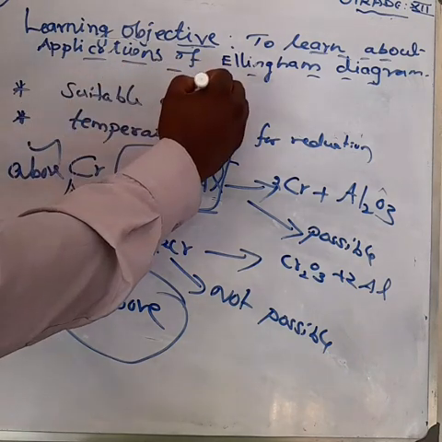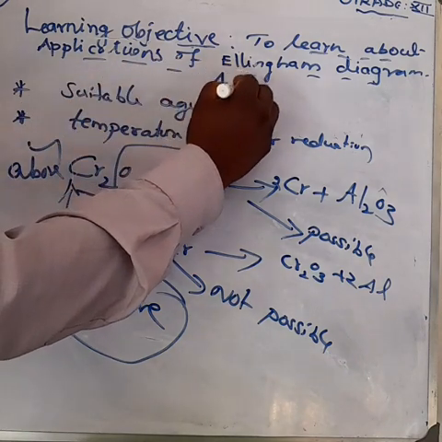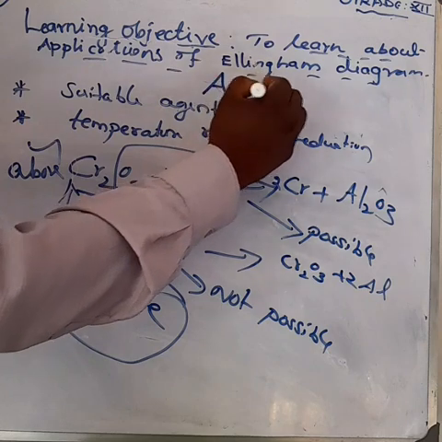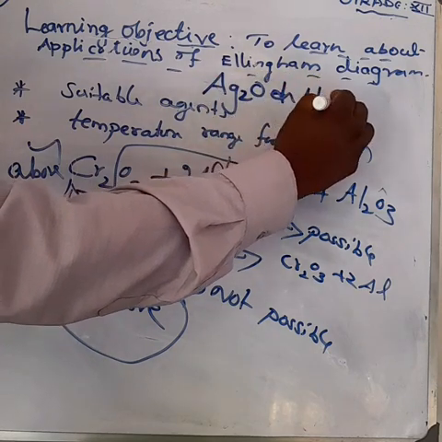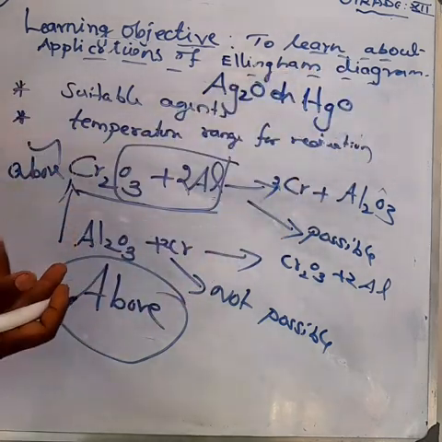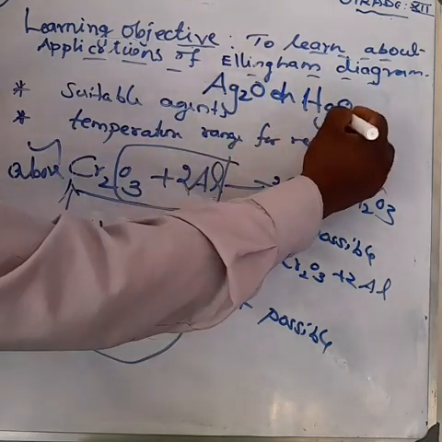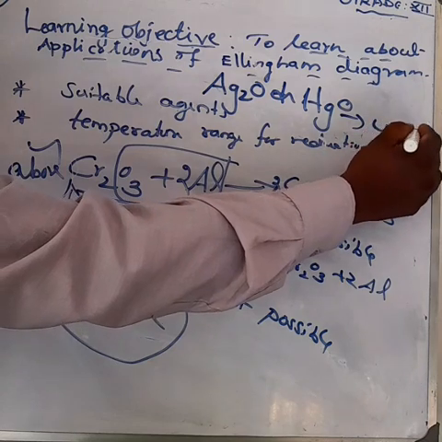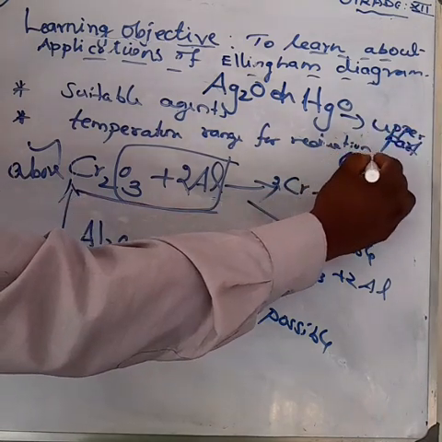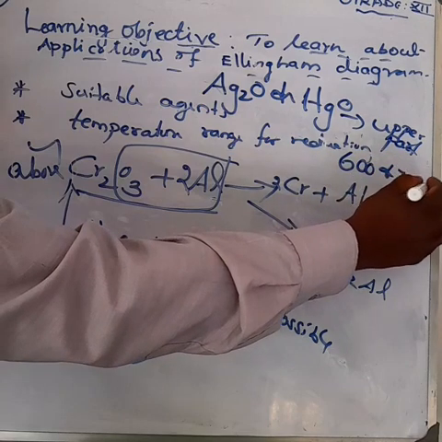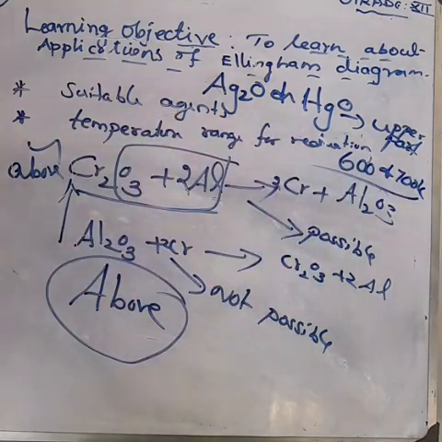What about the first application? Anybody remember the first application? Which metal oxide am I taking as the example? Silver oxide and mercury oxide. What's the reason here? They occupy the upper part of the Ellingham diagram. What is their decomposition temperature? 600 and 700 Kelvin. What's the meaning here?